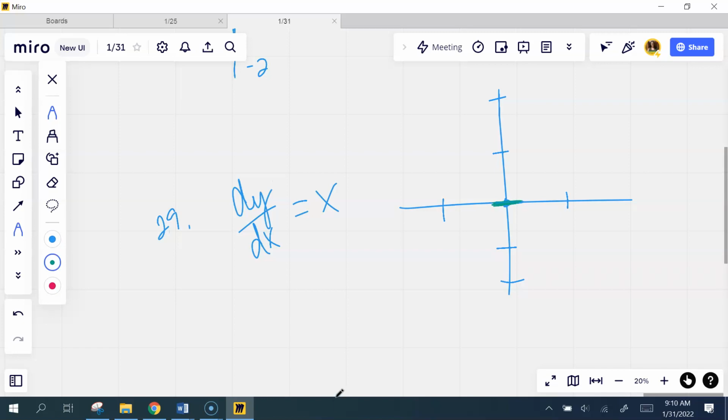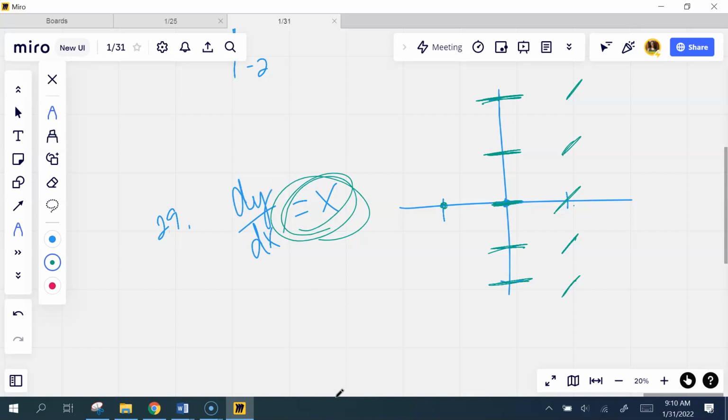At (0, 1), again, it's 0. At (0, 2), again, it's 0. Whenever I come over here to x is now 1, that means my slope is going to have the value of 1 for all of these, because the y value is irrelevant. My y value is not impacting my slope.